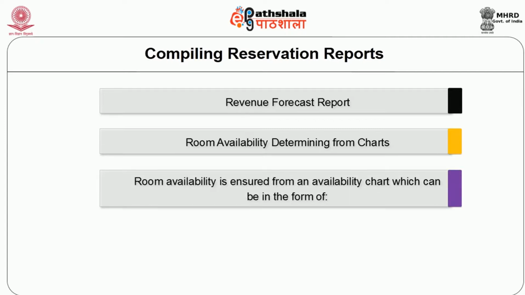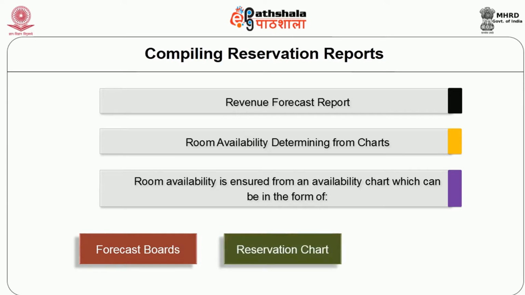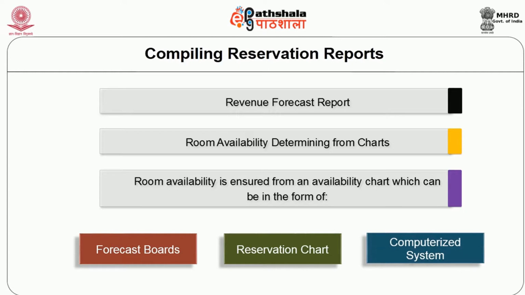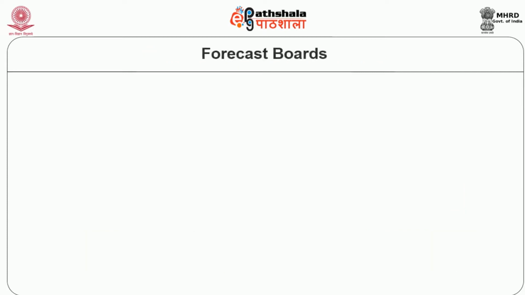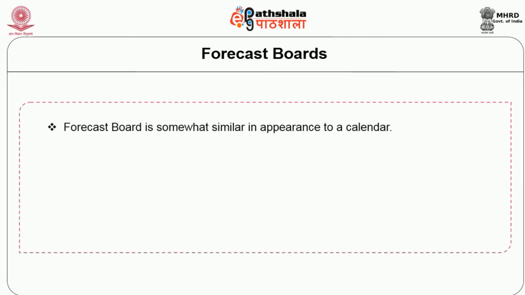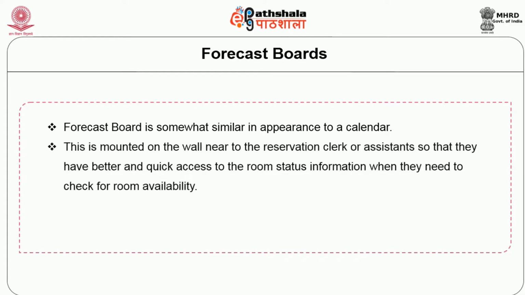Room availability is ensured from an availability chart, which can be in the form of forecast boards, a reservation chart, or a computerized system. So now we'll see what a forecast board is. A forecast board is somewhat similar in appearance to a calendar.